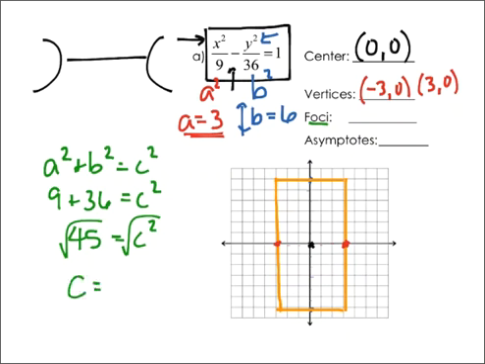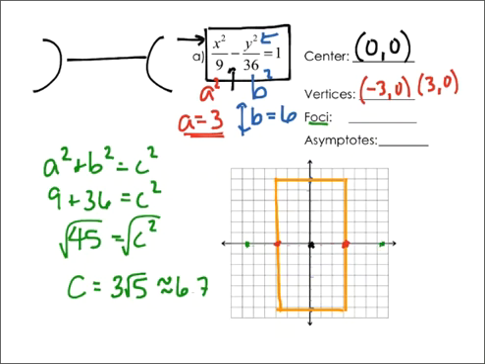So c, which is just the distance from the center, is 3 radical 5, or about 6.7. So from the center, I'm going to go to the left 6.7, so about right there. And I'm going to go to the right 6.7. Remember, the focus is inside the curve.